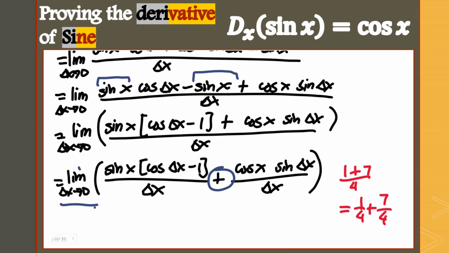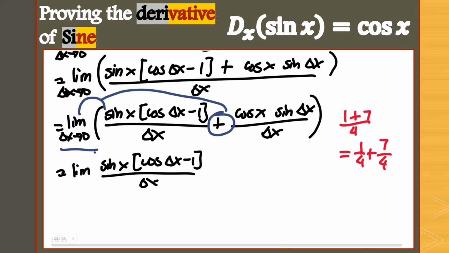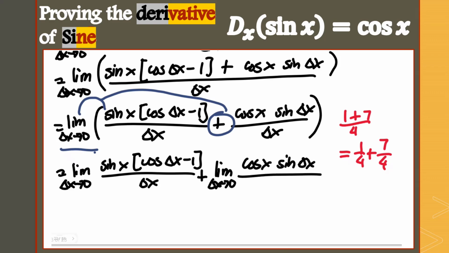Hence, I can distribute the limit, giving us the limit of sine x times cosine delta x minus 1 all over delta x as delta x approaches 0, plus the same limit as delta x approaches 0 for cosine x times sine delta x over delta x.